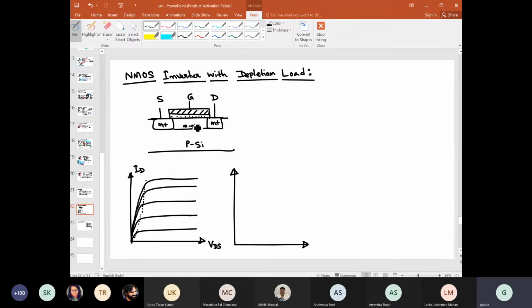So to stop the conduction, you can now apply a negative voltage here. This negative voltage will repel these electrons, and that means you will have a depletion layer here. Suppose this is the depletion layer for a particular negative voltage. If you further increase this negative bias, this depletion region will expand.